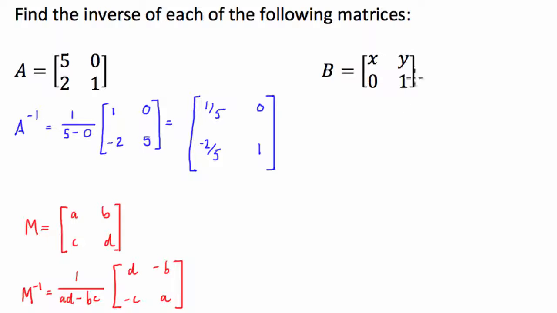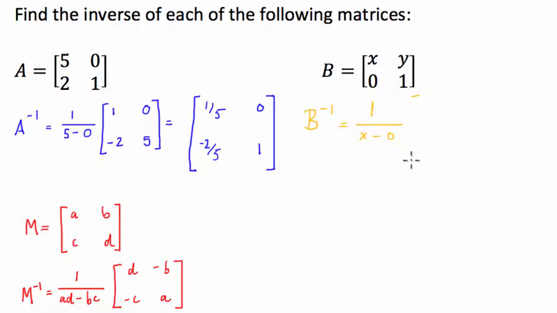Now, I've chosen to do this matrix B here because it's got our variables in it, but it makes absolutely no difference to the method by which we go about working it out. So let's try the inverse of matrix B. And this is going to be equal to, again, we find the determinant, 1 over AD, x times 1, which is just x, minus y times 0, which is just 0.